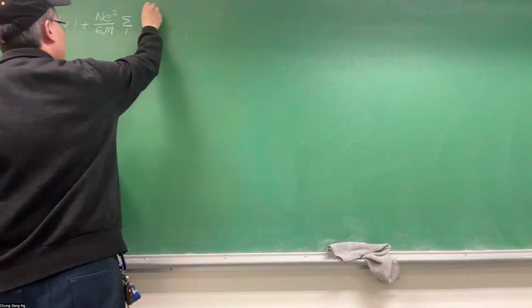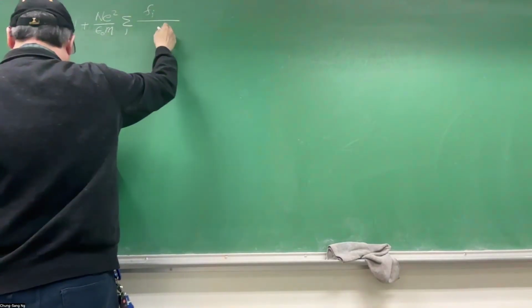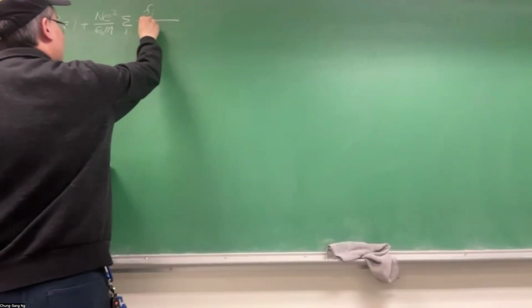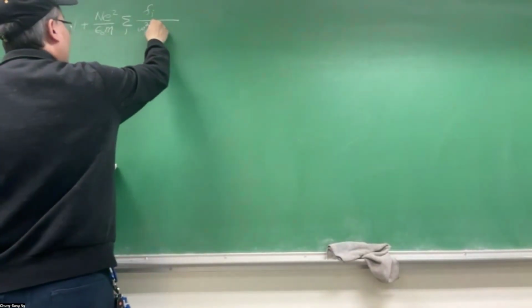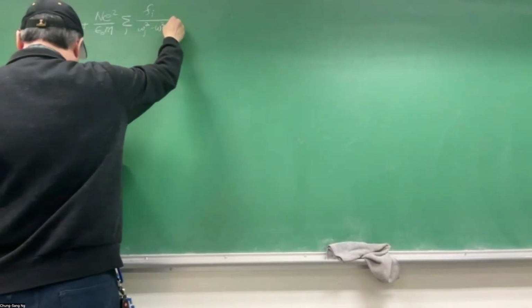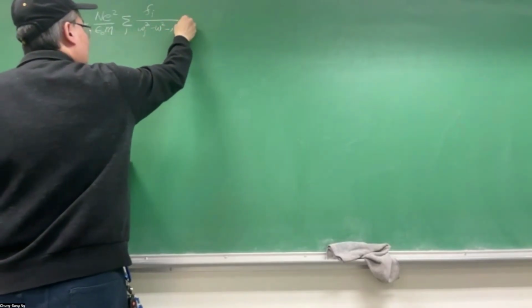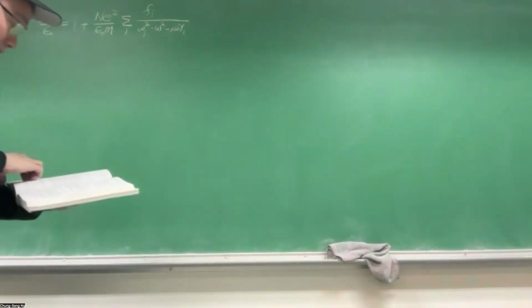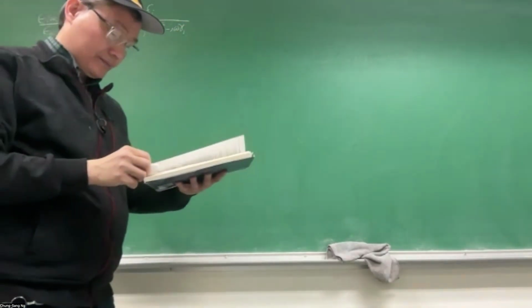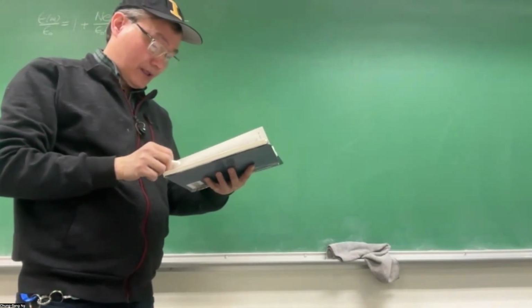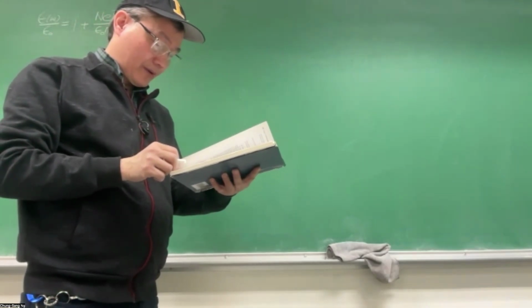So f_j over the atom's intrinsic frequency omega_j squared minus omega squared minus i omega gamma_j. Gamma_j is the damping frequency. Okay, so it still has the dimension of frequency.